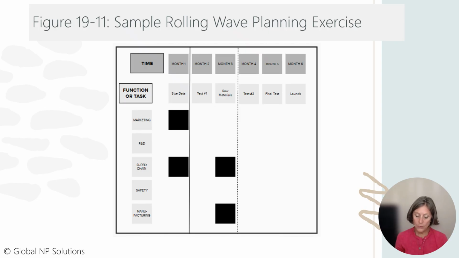During the planning and risk management workshop, different colored sticky notes with a task description or learning activity are placed at the intersection of the responsible function and the required completion date. Arrows may link the responsible function with those needed for assistance to complete the task. Figure 19-11 presents a very simple example.